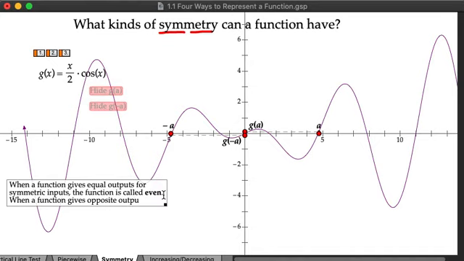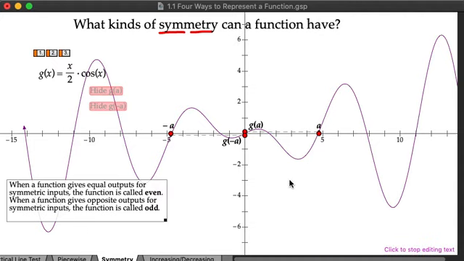Do you remember what you call this function? Well, if we're going to call one function even, we can call the other function odd.